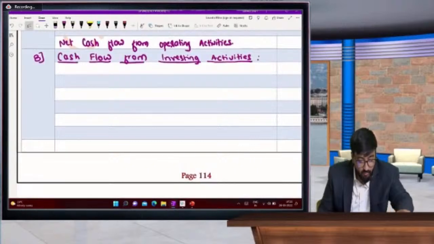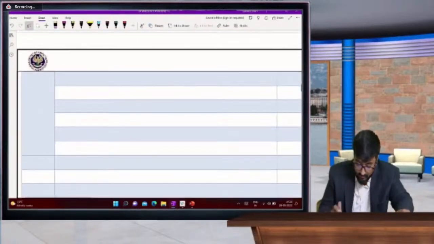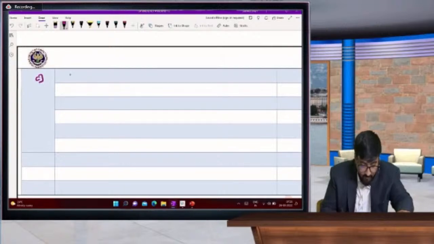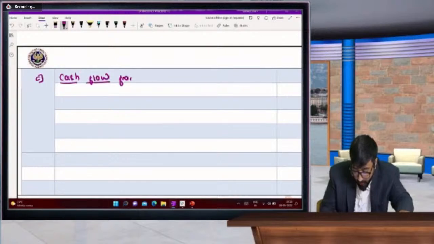Cash flow from investing activities, 1 2 3 4 5 6 lines. Cash flow from financing activities.